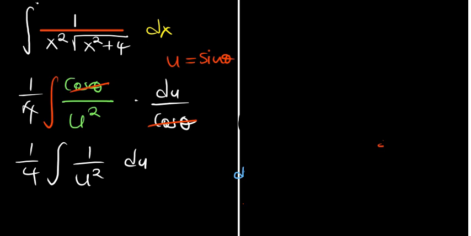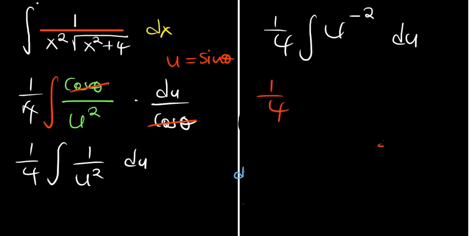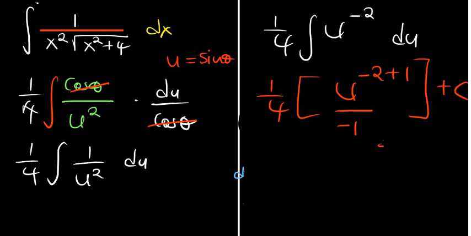So we can have 1 over 4, and then we can have u as a numerator, since the power becomes negative when it moves to the numerator from the bottom. And then the next step we can integrate, so we're going to have u, and then we add 1 to the power and divide by the same result, which is of course negative 1, plus a constant c. So what's the result of that?